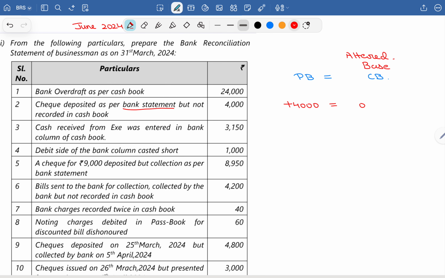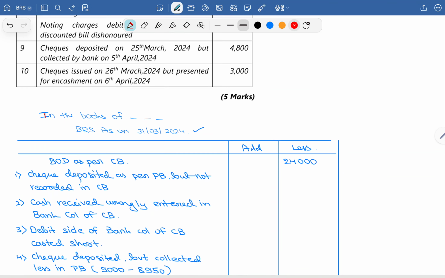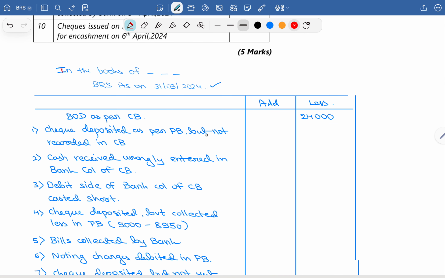In the cash book no entry is made. So in my cash book I have to add how much? 4,000. So in the answer, checks deposited as per passbook but not recorded in cash book. Add column, I will write 4,000.